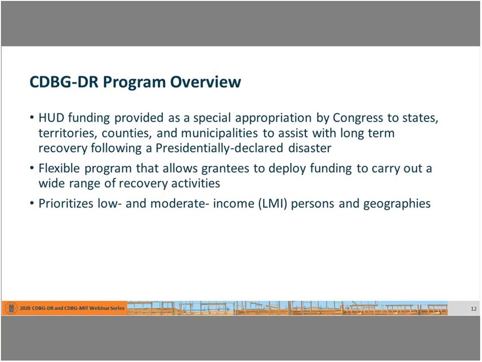It is a flexible program, carries some of that flexibility that comes from the original CDBG program, which allows for a wide range of recovery activities to take place. For those who may be familiar with the quote-unquote regular CDBG program, that is more of an annual appropriation process with formula allocations, whereas, again, these are special appropriations by Congress in the disaster recovery program.